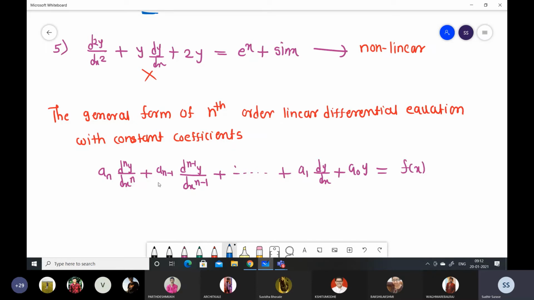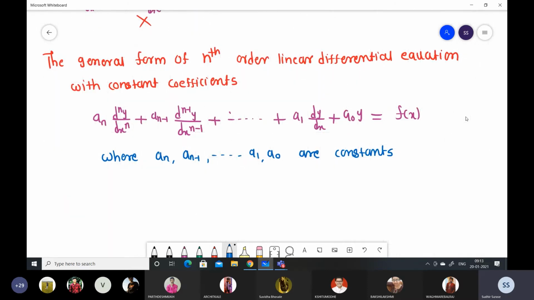All these a suffix n, a suffix n minus 1, a1 and a naught are constants. So this is the general form, and if you put particular values of n, you'll get different differential equations. And if you put particular values of constants, and f of x as well, you'll get a particular differential equation.